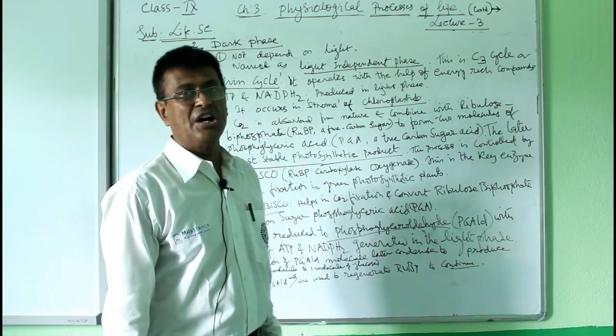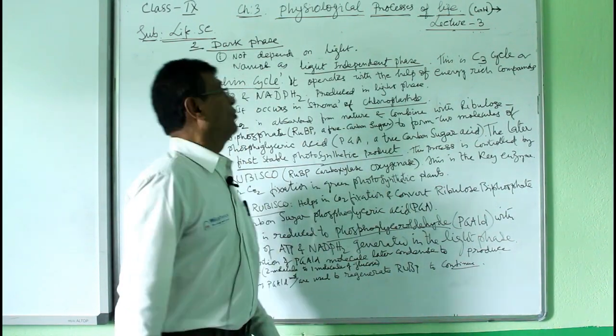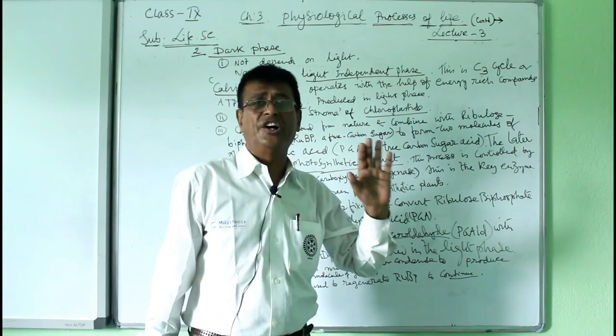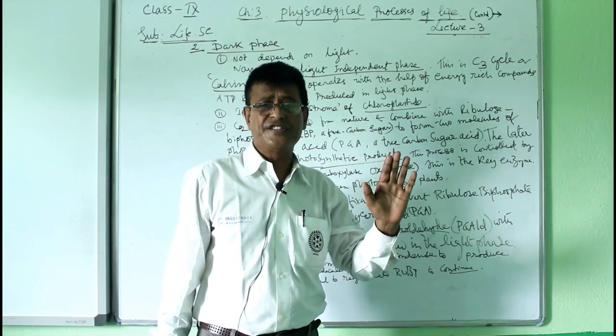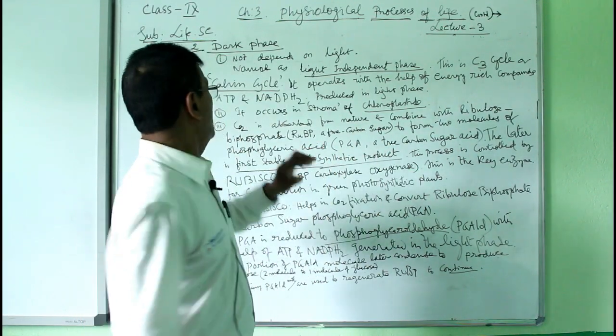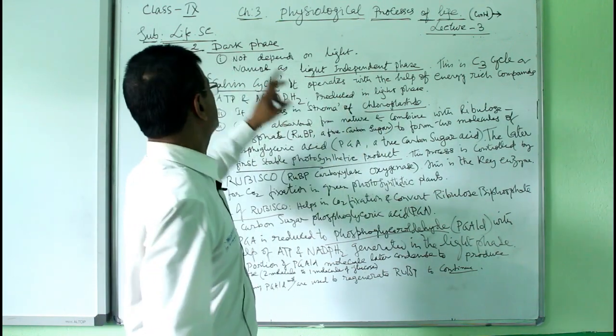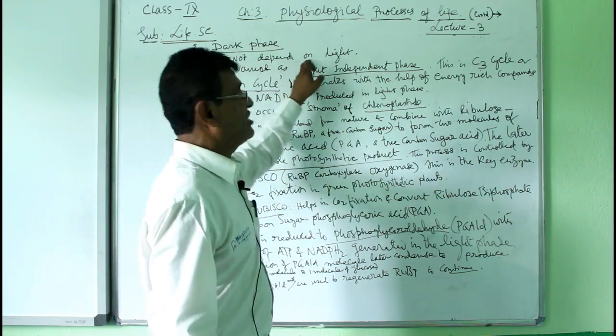Well, children, after the light phase, we have the dark phase. What is the dark phase? The dark phase is a phase of photosynthesis where light is not required, that means not dependent on light.